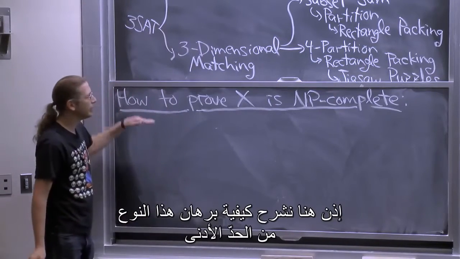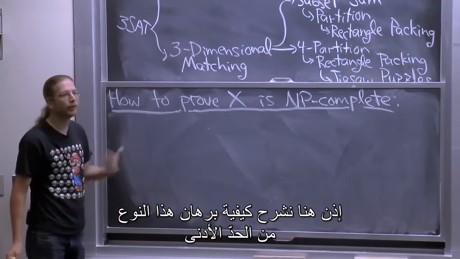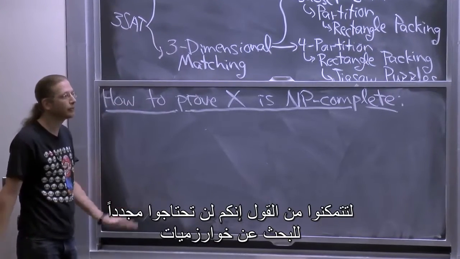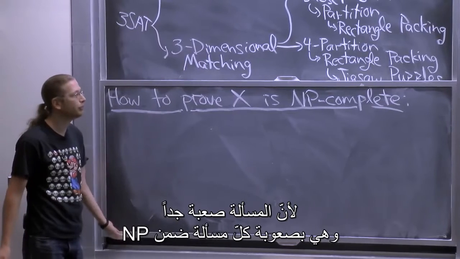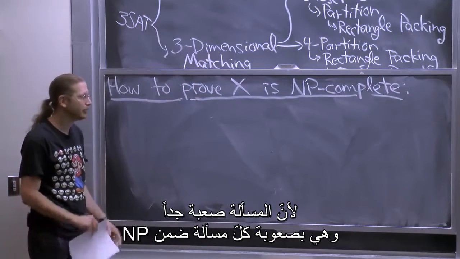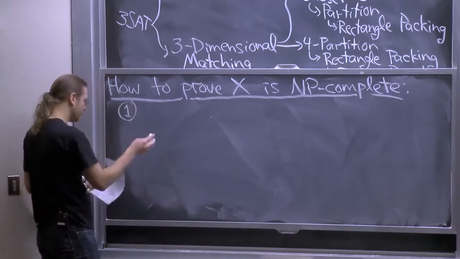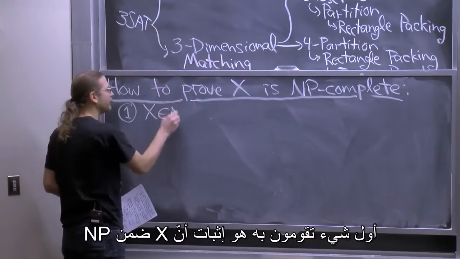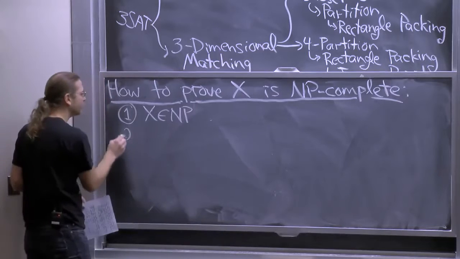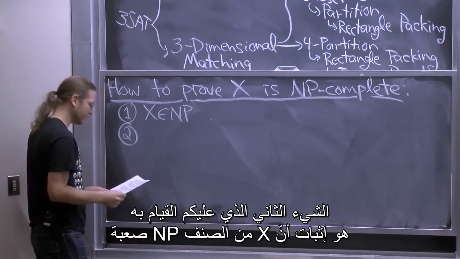So here's how you can prove this kind of lower bound to say, look, I don't need to look for algorithms anymore because my problem is just too hard. It's as hard as everything in NP. So this is just a summary of those definitions. The first thing you do is prove that X is in NP. The second thing you do is prove that X is NP hard.